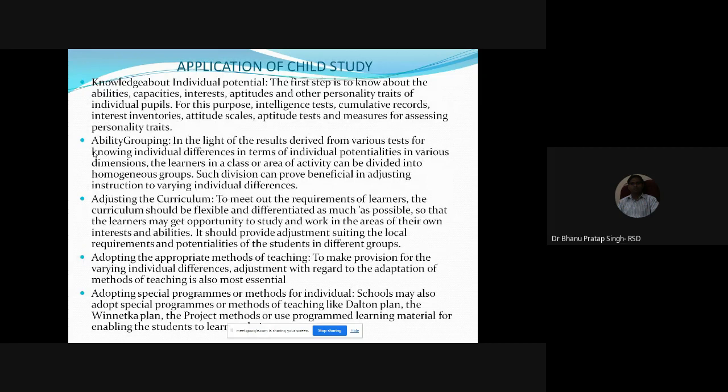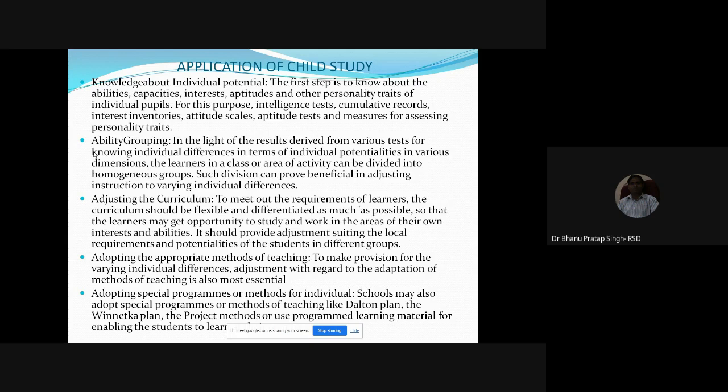So, applications of child study. What are the applications? The first application of child study is knowledge about individual potential. What is the potential of the individual? Because of child study, a teacher or a practitioner will be able to know the abilities, capacities, interest, aptitude, and other personality traits of the individual child.